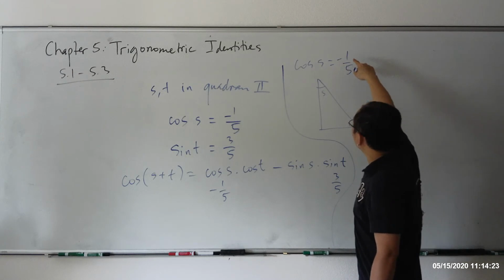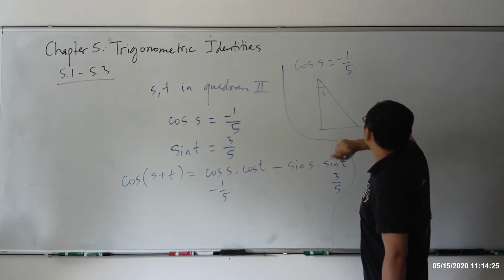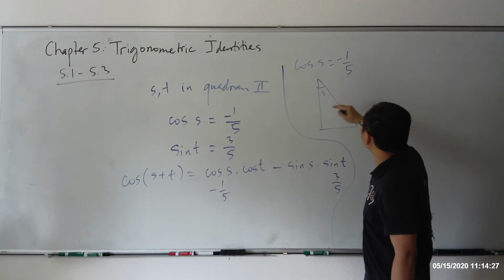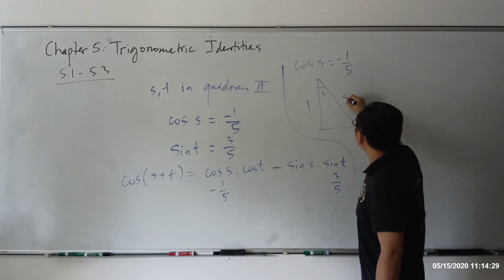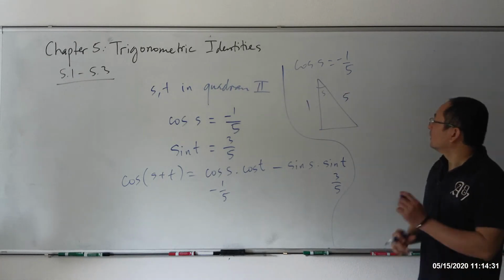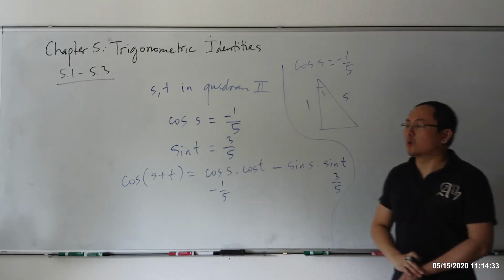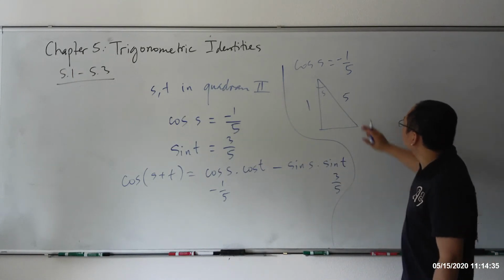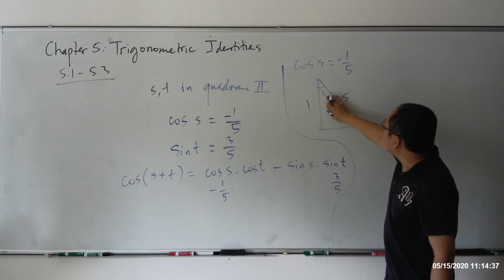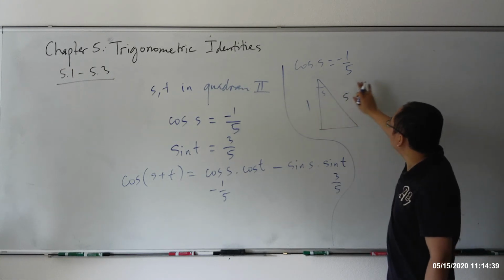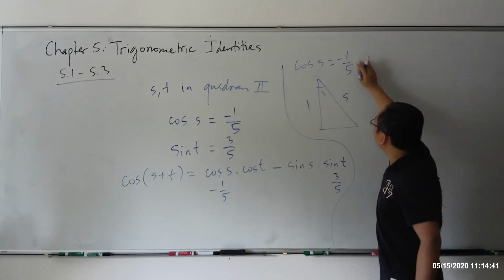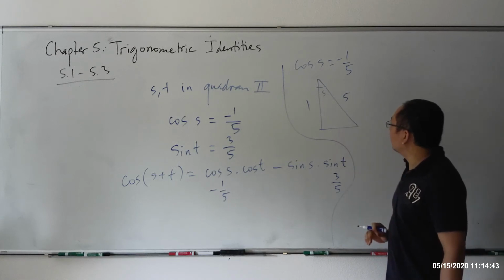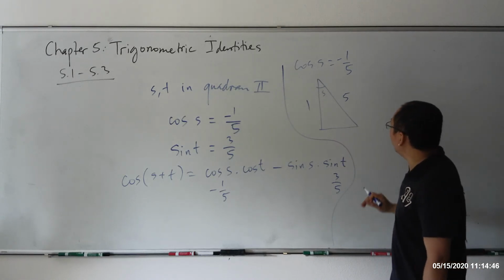Just forget about the negative sign right here, just a triangle, so just a positive term. So 1 and 5 right there. And we know that in quadrant number 2 cosine is negative, we'll bring it back later. So S is the angle. Adjacent is 1. Hypotenuse is 5. Can we calculate the opposite side of the angle?